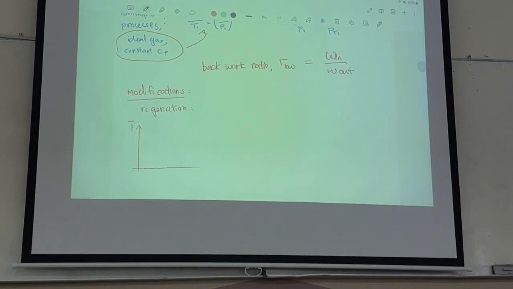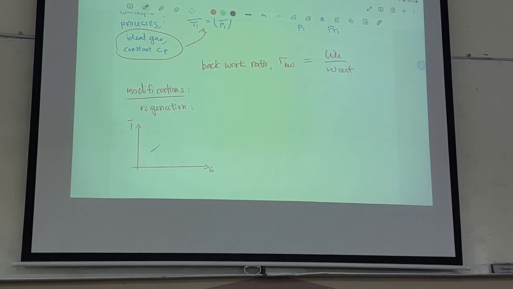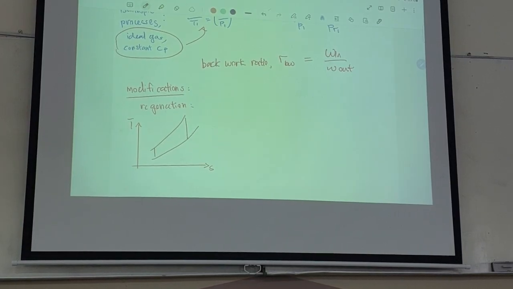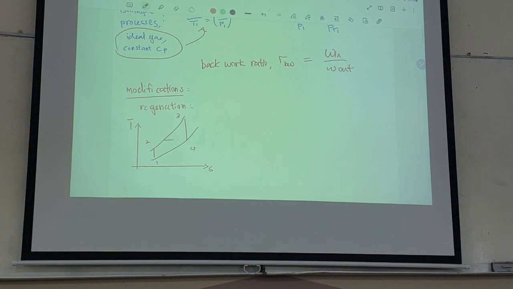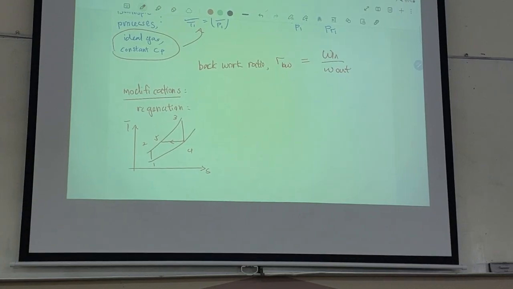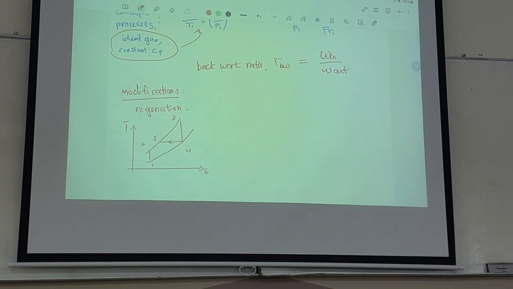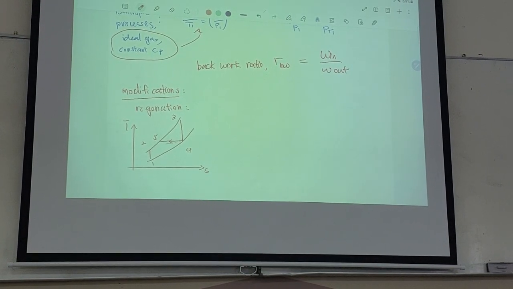Right, so on the TS diagram, 1, 2, 3, 4. You just add one more over here, so 5. Of course, this is the ideal one. The actual one maybe goes somewhere a bit lower, so 5 prime.